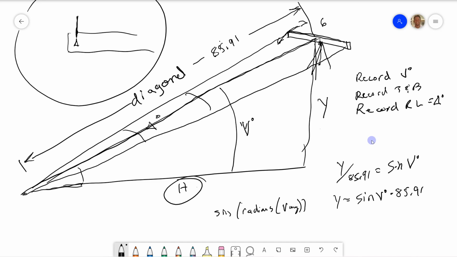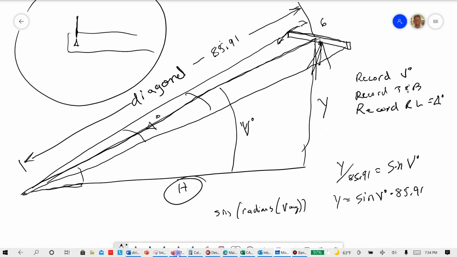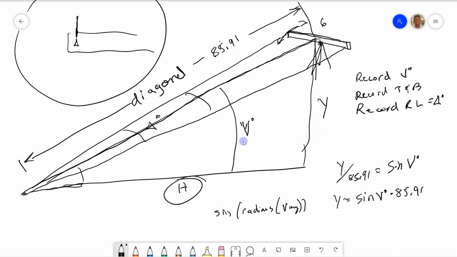This one's pretty simple. I think we just did it in sine. So let's actually put the numbers in and see what those are. Let's say that V was 30 degrees. So let's solve them for both.